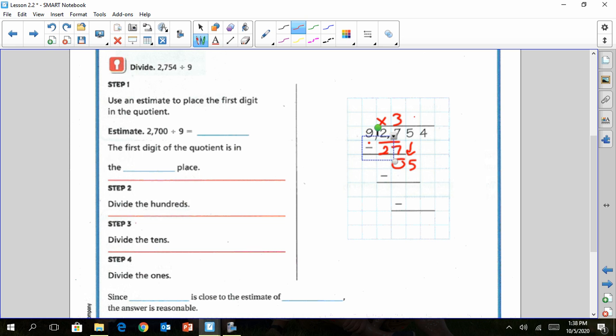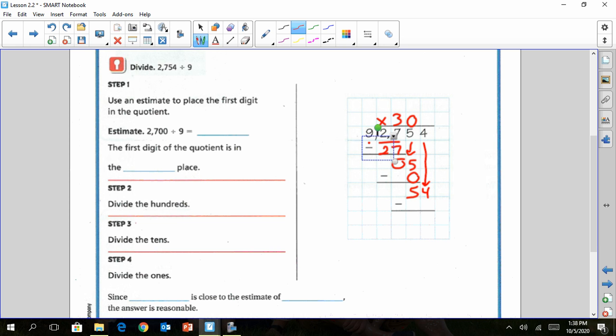So we're going to place a 0 up top because 9 goes into 5 0 times. We multiply that, we get 0. We go ahead and subtract. The 5 then comes down. Again, 5 is smaller than 9, so we can move on. We go ahead and bring down the 4.